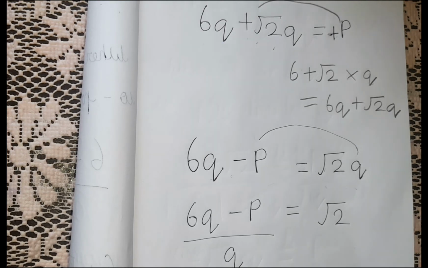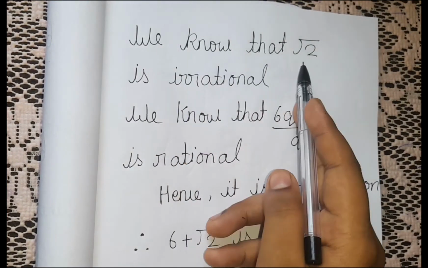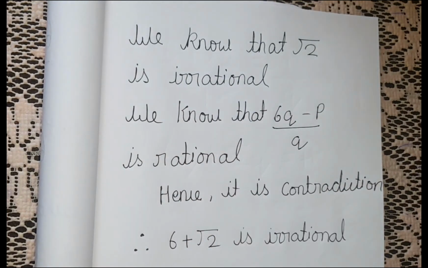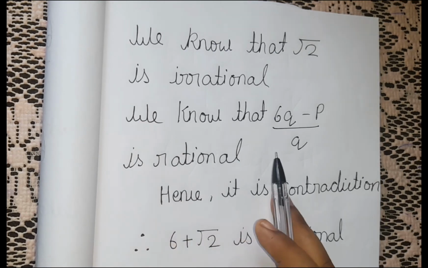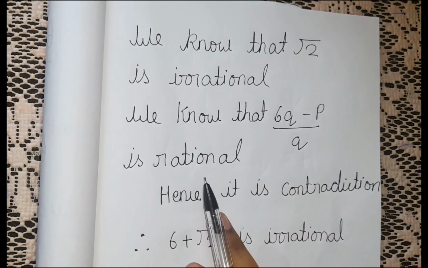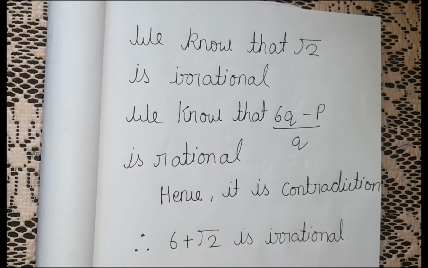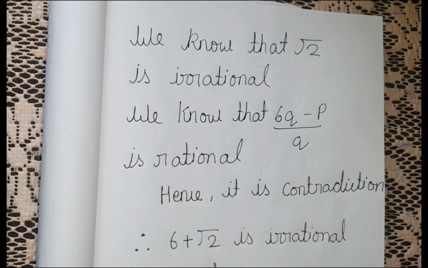Let us write that. We know that root 2 is irrational, as we solved earlier, but 6q minus p divided by q is rational. So, due to contradiction, 6 plus root 2 is irrational.